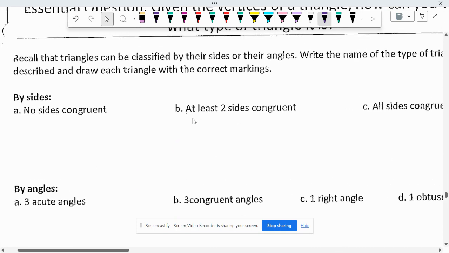So recall that triangles can be classified by their sides and their angles. What is the name of a triangle that has no congruent sides? Do you guys remember?